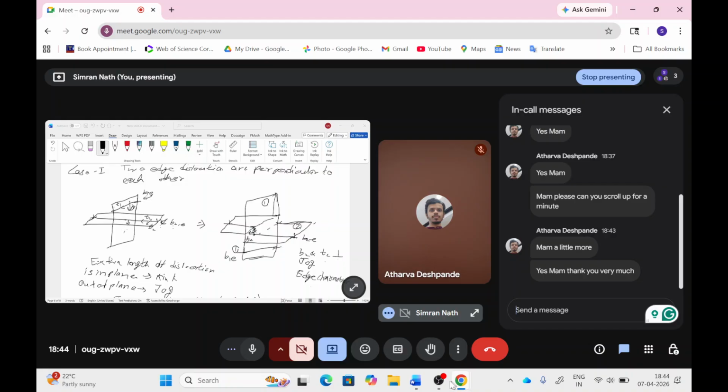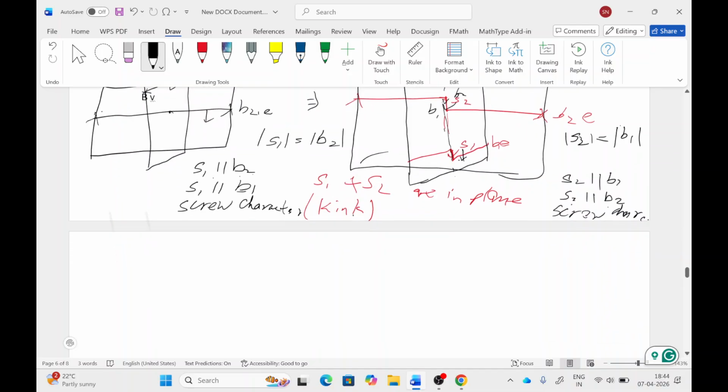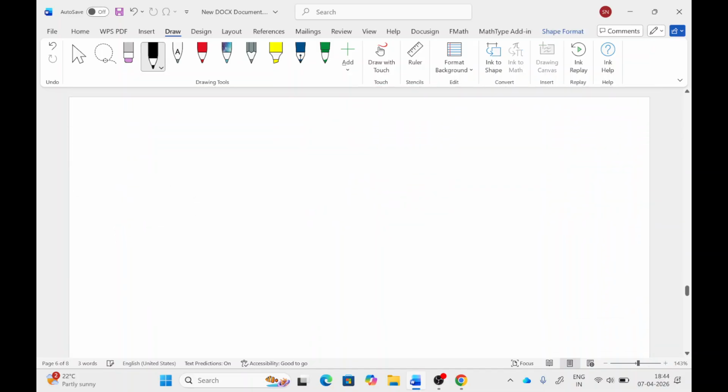Okay, then we will proceed to case 3. In case 3, one is edge and the second is a screw dislocation.